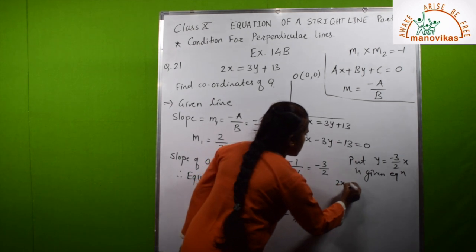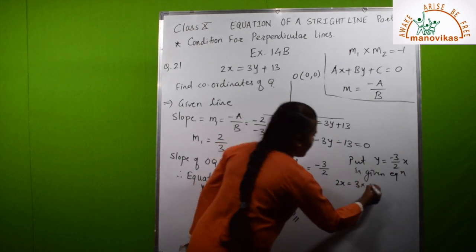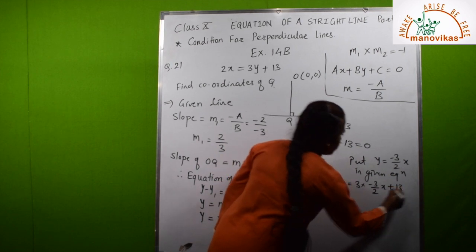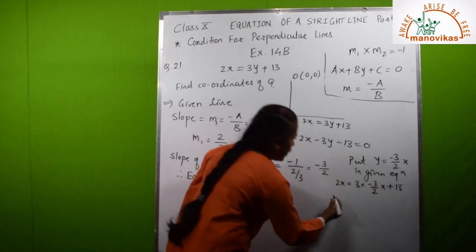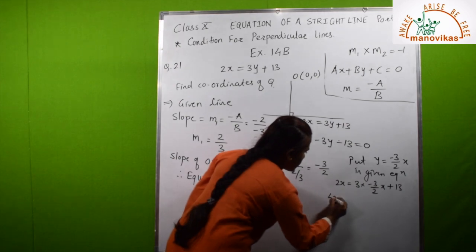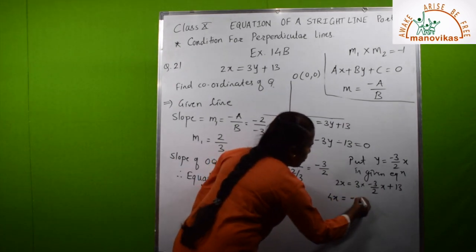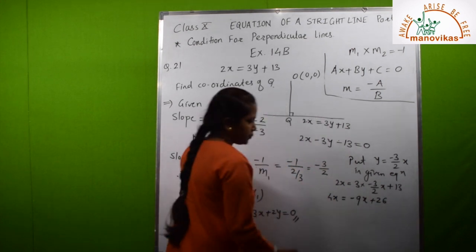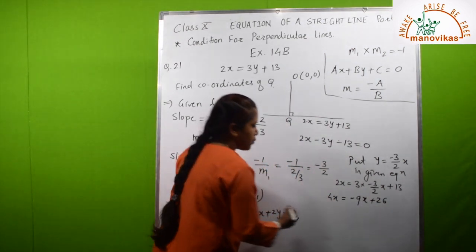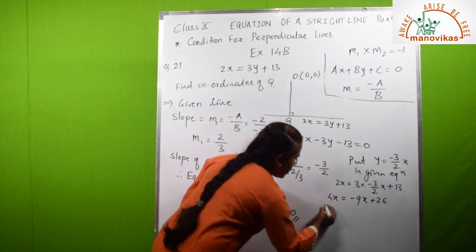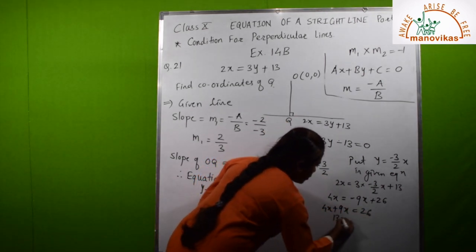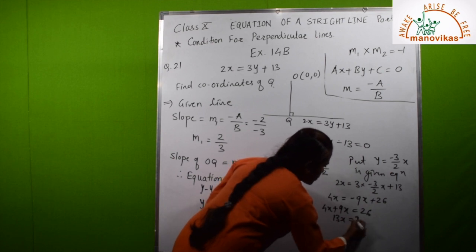So 2x is equal to 3 into y value, which is minus 3 by 2x, plus 13. And if you simplify, you will get 4x is equal to minus 9x plus 26. So minus 9x plus 4x becomes again 4x plus 9x is equal to 26. 13x is equal to 26.